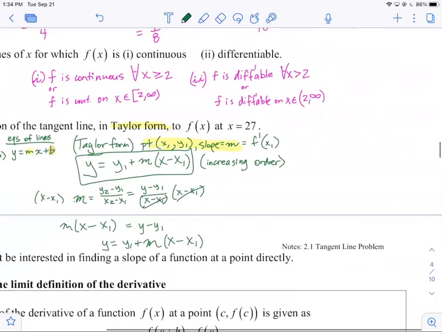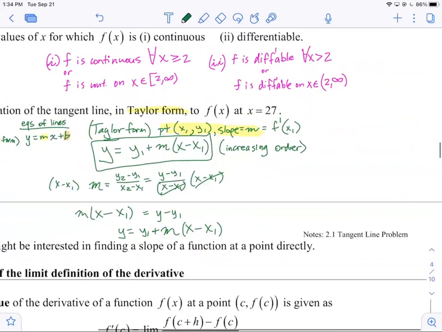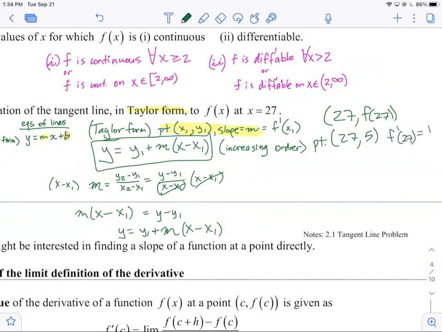Now, to finish it off, let's get our point in order: 27, comma, and then what's f of 27? It's going to be the square root of 27 minus 2, which is the square root of 25. It's 5. So there's your point. And then what's the slope? We already found f prime of 27 to be 1/10.